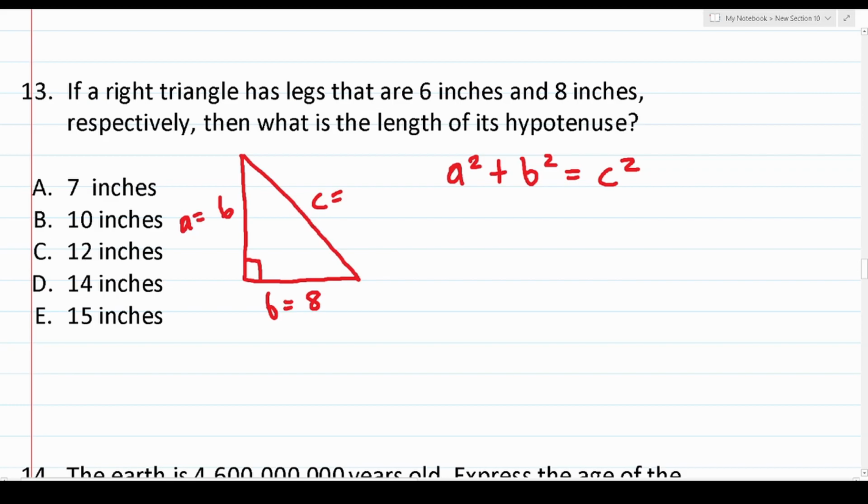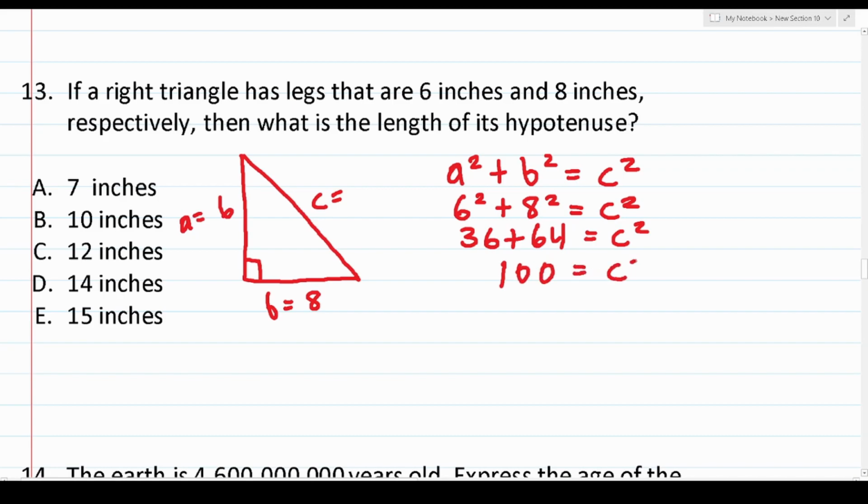So let's plug in A and B accordingly and solve for C. Again, A is 6, so this becomes 6 squared plus 8 squared equals C squared. 6 squared is 36 plus 8 squared is 64 equals C squared. 36 and 64 is 100 equals C squared.